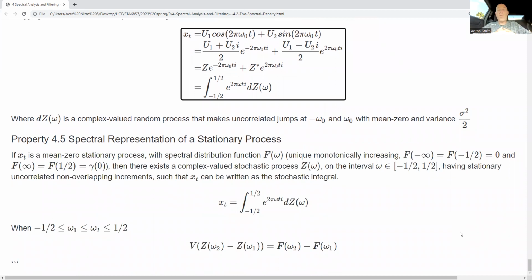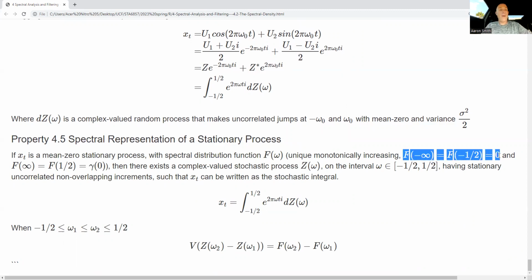And so, just continuing on with this, if X is a mean 0 stationary process with spectral distribution function F that is unique and monotonically increasing, and F is 0 from negative infinity to negative 1/2, and from positive 1/2 to infinity gives us the variance of the time series, then there exists a complex valued stochastic process Z on the interval omega between negative 1/2 and 1/2 having stationary uncorrelated, non-overlapping increments, such that we can write X using a stochastic integral.